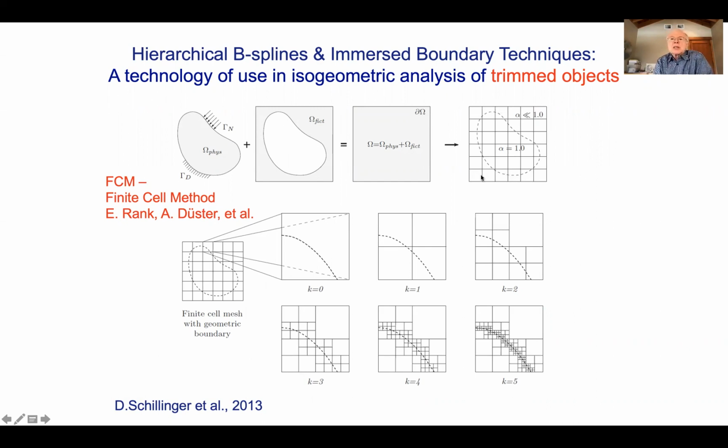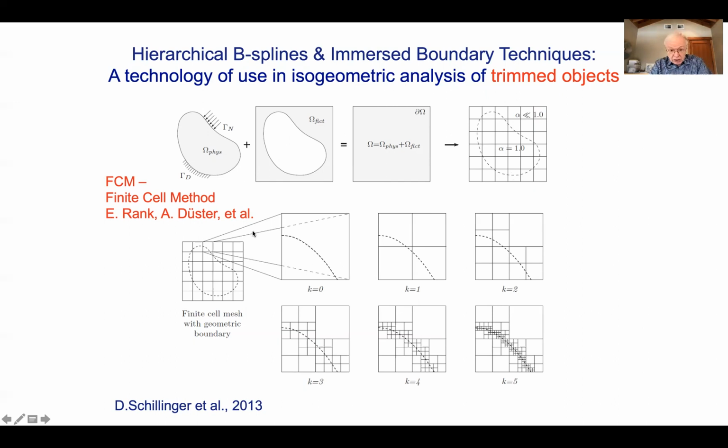So this is the same as CAD. And historically, what these methods suffered from is inaccuracy on the cut cells. It was very hard to get any kind of accuracy, but there was a breakthrough some years ago, developed by Ernst Rank and Alexander Düster at TUM.